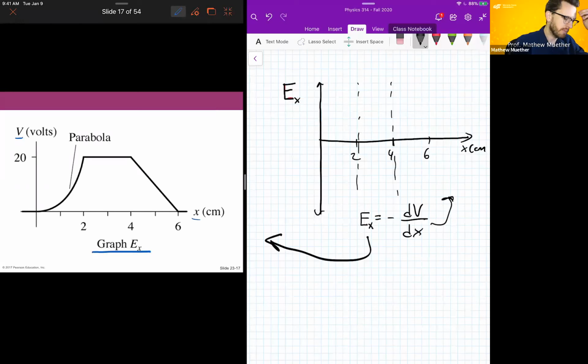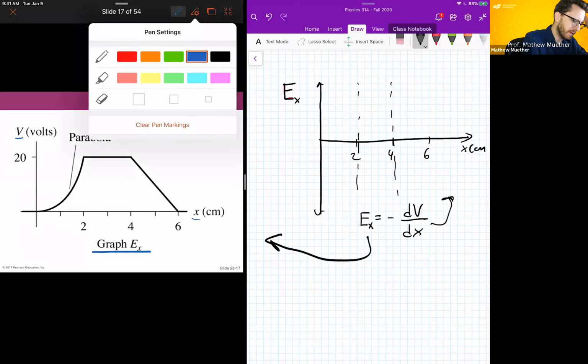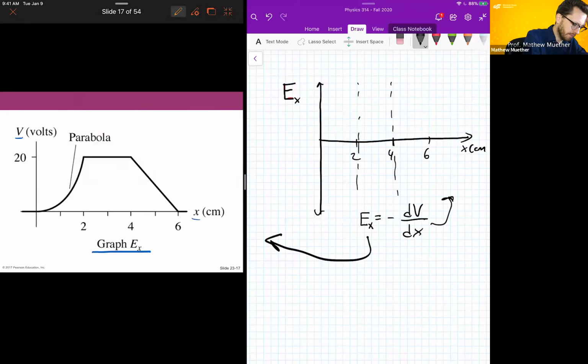Okay, I'm getting a bunch of zeros, right? That's correct, right? Why? Because between 2 and 4, this function is flat, so dV/dx is equal to 0. There's no slope. If dV/dx is equal to 0, that means this thing is just going to be equal to 0. It's just going to be flat between these two.